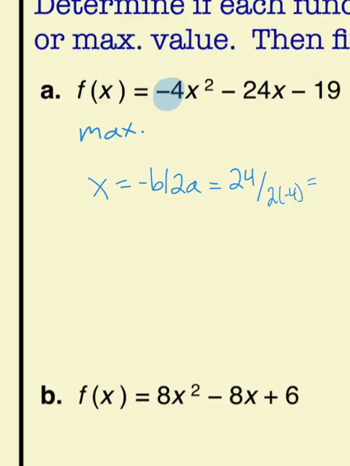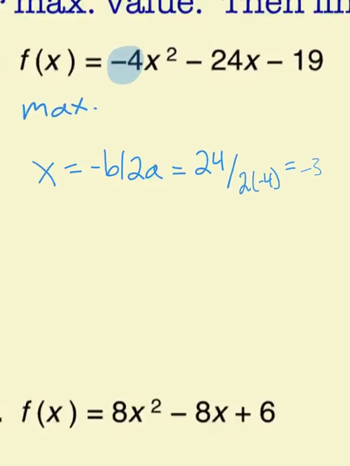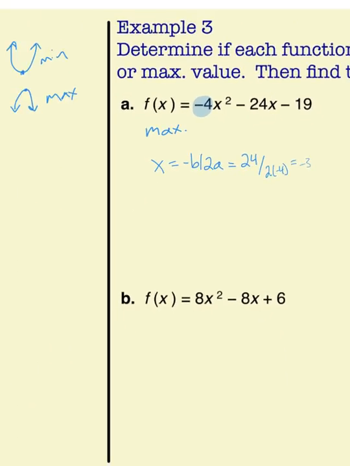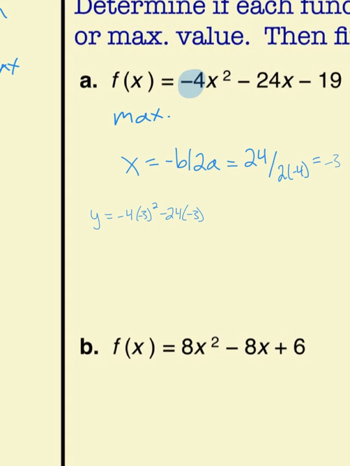So now I have 24 divided by negative 8, which is negative 3. X equals negative 3. All right, then we're going to plug that value in to find y. So I have y equals negative 4 times negative 3 squared, minus 24 times negative 3, and then minus 19.